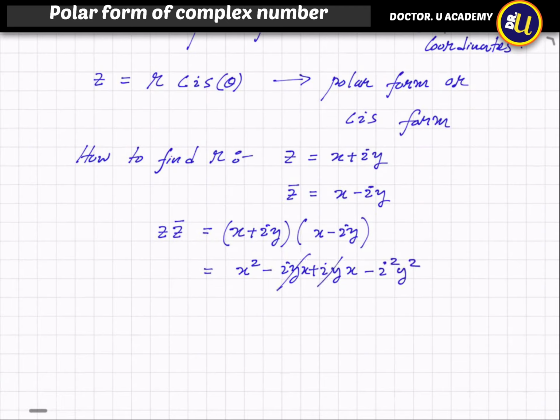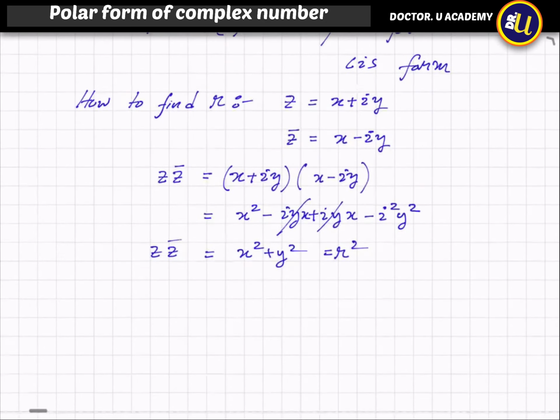So these two are going to cancel. So you get x squared plus y squared. So this is going to be r squared. So now you know z times z bar is nothing but r squared. So the square root of z z bar would be r. So this fact is very important too.